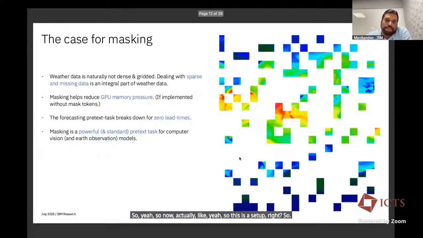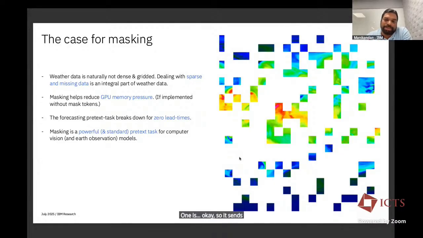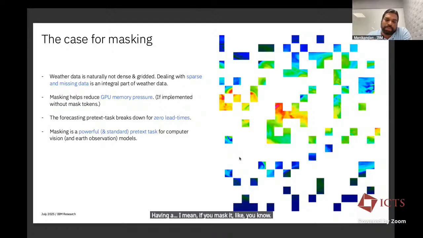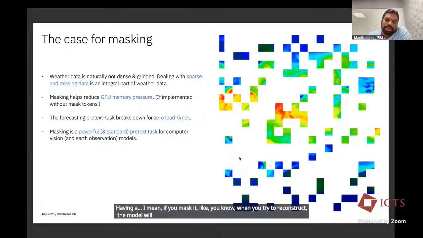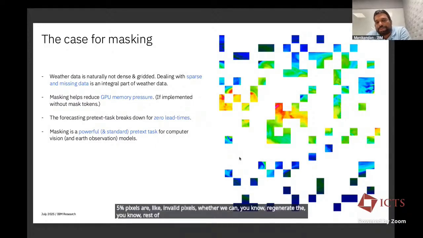Now, before that, why do we need to do masking? How can it help? One is that the data has some missing data, or there could be sparsity. If you mask it, when you try to reconstruct, the model will learn from the existing pixels. Suppose only 5% of pixels are valid, can we regenerate the rest 95% of pixels from those?